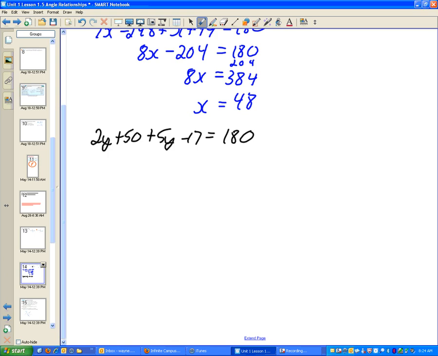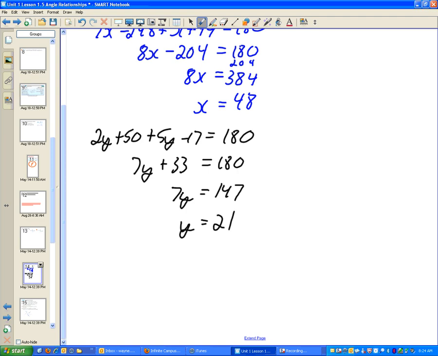And let's see, what would that be? 7y plus what? What do I get when I add 33? Oh, yeah, subtract 33. Thank you. And what's 147 divided by 7? Are we finished? We're finished.